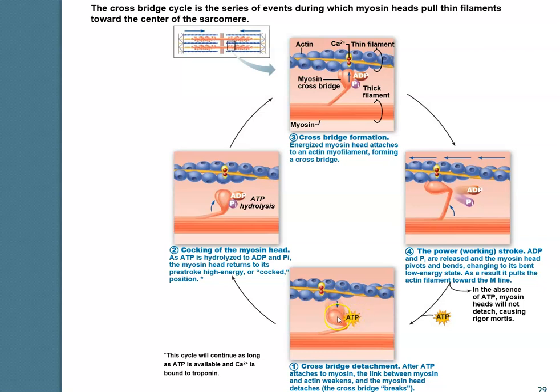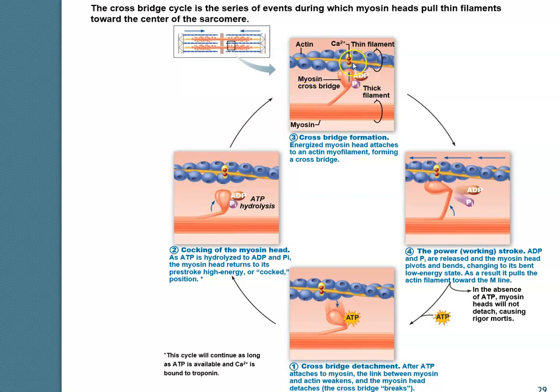ATP is broken down to ADP and phosphate. That's where the energy is stored, in this bond. So it transfers the energy to the myosin head, and it becomes activated, the position is like a rooster. The head tilts up, and it can bind to the active site next.